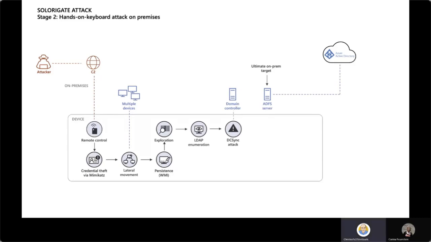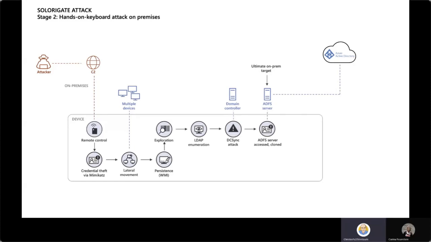Now, the first path of the attack: after gaining administrative privileges in the organization's on-premises network, the attackers will enumerate Active Directory through the LDAP protocol and impersonate a domain controller to synchronize secrets and certificates information that lead to accessing the ADFS server itself.